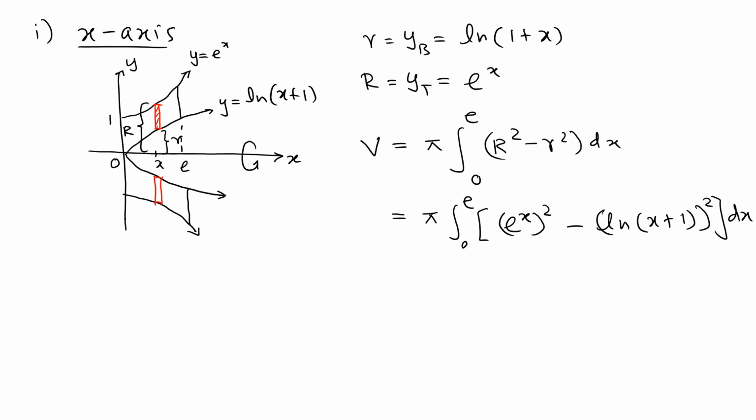That's what you get. And you can simplify this a little bit. You can write π ∫ from 0 to e, and when you square e^x, e^x times e^x means e^(2x), because you add the exponents.